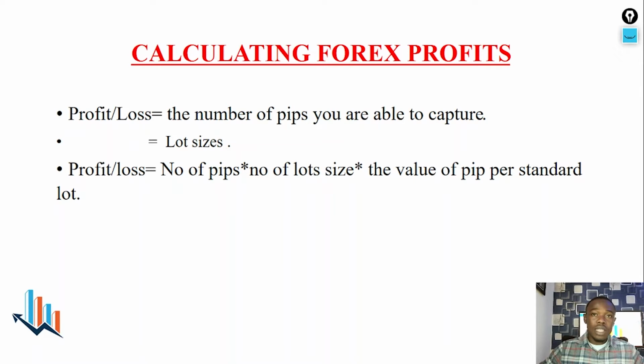Every lot size has a value given to a pip in that lot size. Before we can know our profit and loss, we have to know the number of pips captured and the lot size we traded, and using this formula we're able to calculate our profits and also our losses.